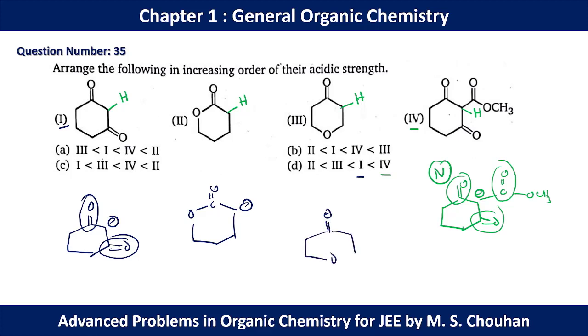In the second molecule we have a cross conjugation. As we know, cross conjugation is a destabilizing factor for the conjugate base, so 2 will have the minimum stability. In 3 we have only one resonance, but there is no cross conjugation present. So conjugate base 3 is much more stabilized than conjugate base 2. So option D should be the correct option for question number 35.